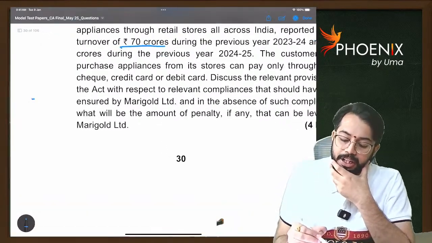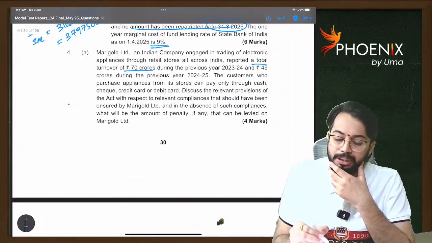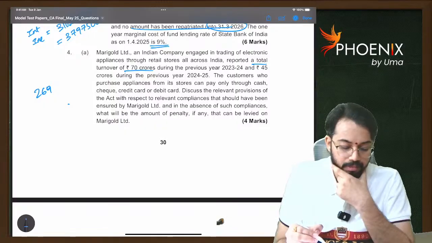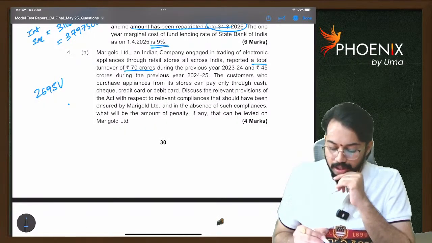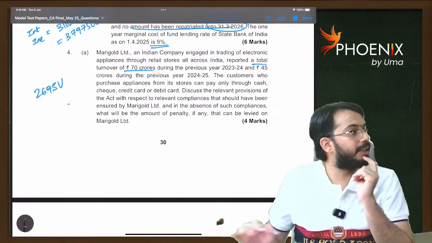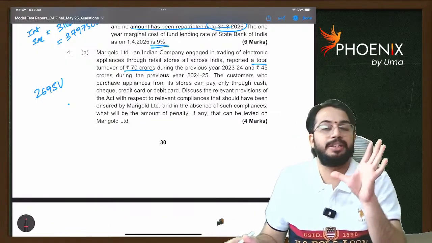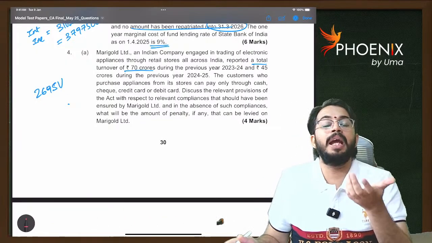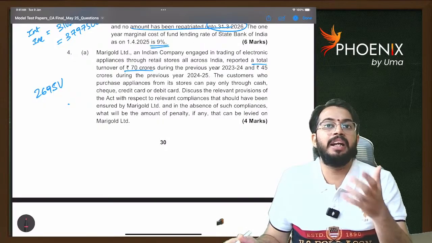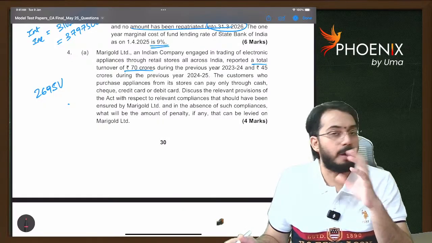See, there is one section called 269SU. As per section 269SU, UPI mode of payment, debit card, credit card mode of payment are to be provided.